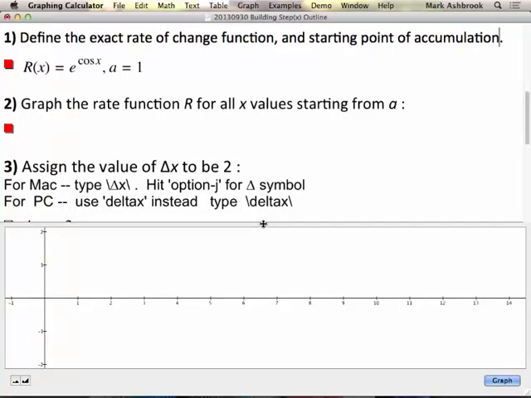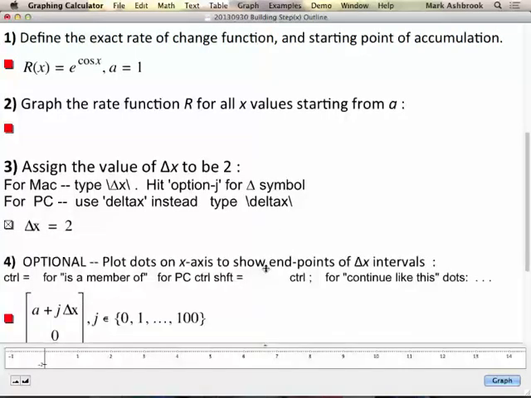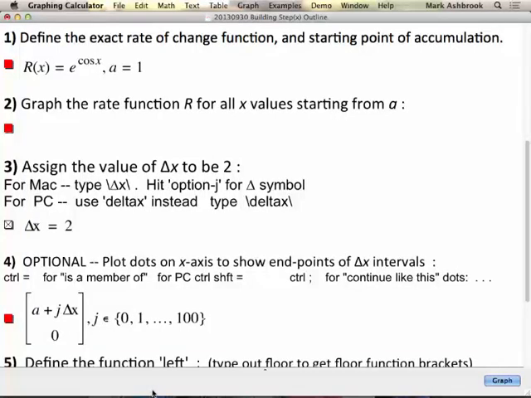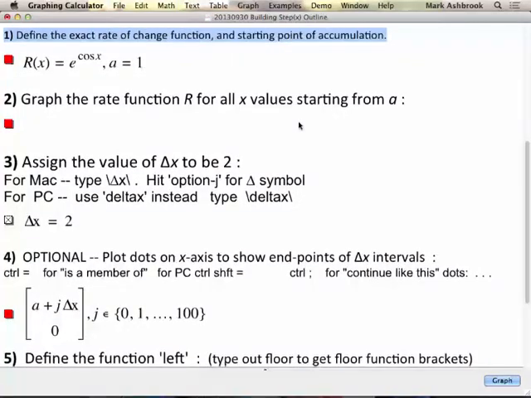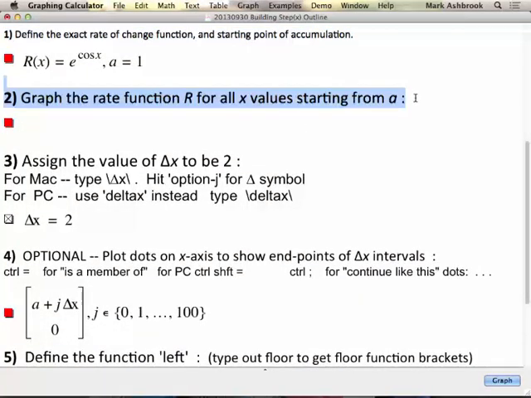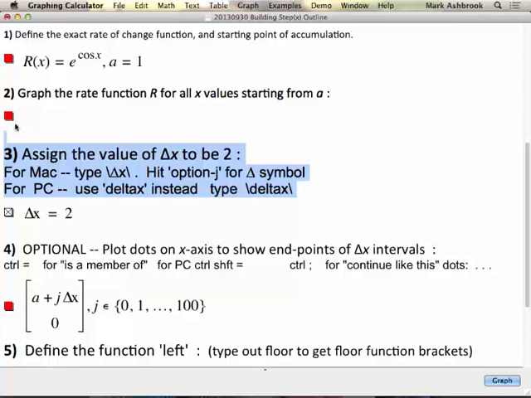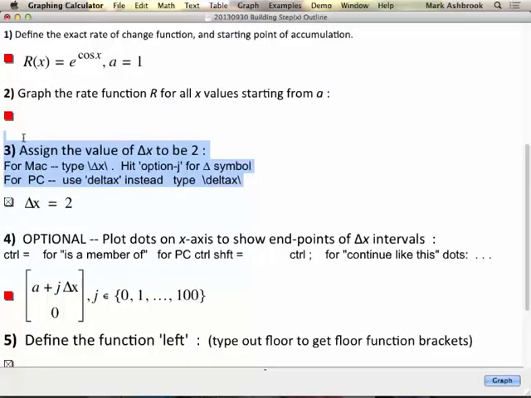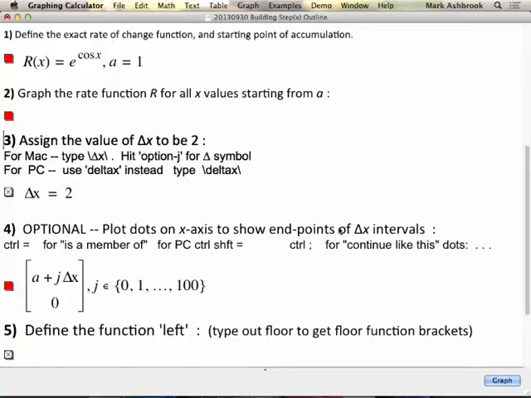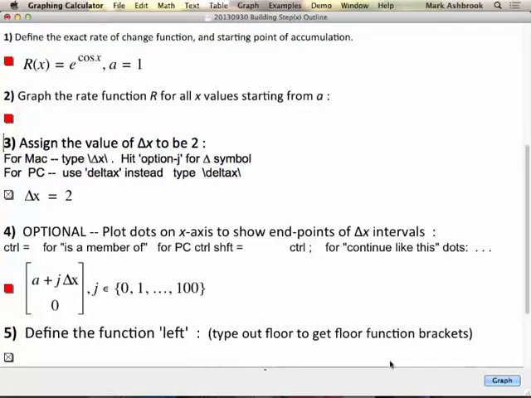You don't have to put the text in, but the text is giving you the instructions for what each command line is. So let me make it a little smaller. Okay, just don't do 4. 4 is optional. Just skip over 4 for time's sake, okay?